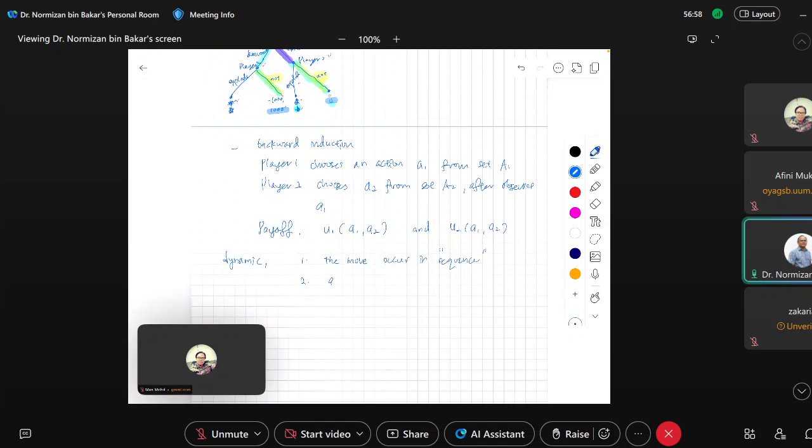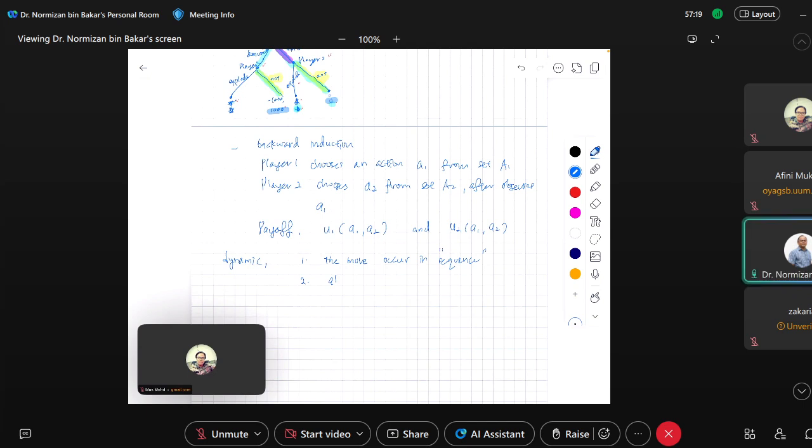Right? So if the game has this kind of rule, we call this the dynamic game with perfect and complete information.